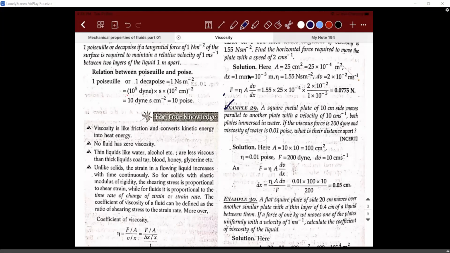Had it been an MCQ question, maybe you have to look at the units they're asking, and that time you need to be careful. 0.05, correct, 1 by 20. So you get 1 by 20 centimeter.